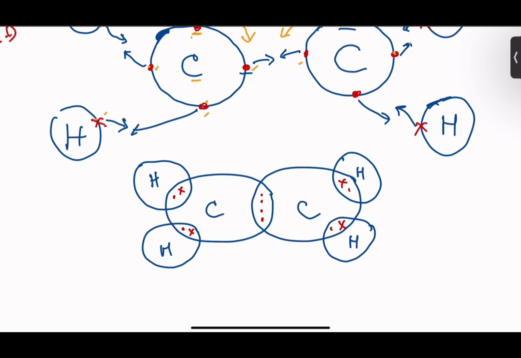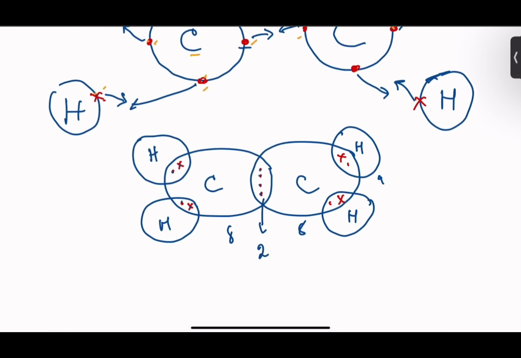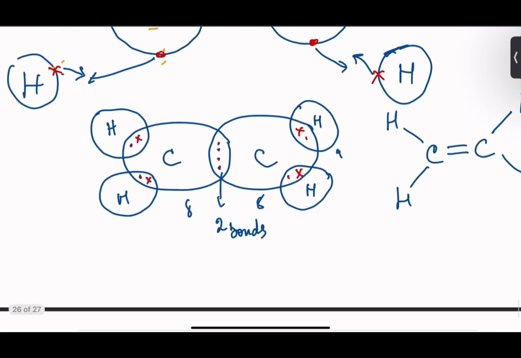Now let's count the number of electrons around carbon: 1, 2, 3, 4, 5, 6, 7, 8, which means I have 8 electrons. The same around this carbon, and around hydrogen we have 2 electrons. Because I shared 4 electrons, it means I got 2 bonds, right? So this one looks like this: carbon, double bond, and then a single bond to each hydrogen. This is how it looks, and the Lewis dot cross diagram is here.